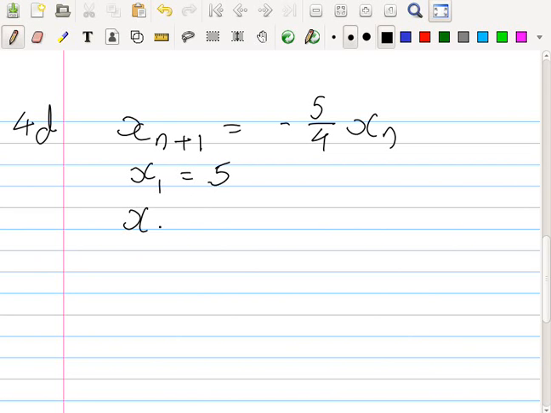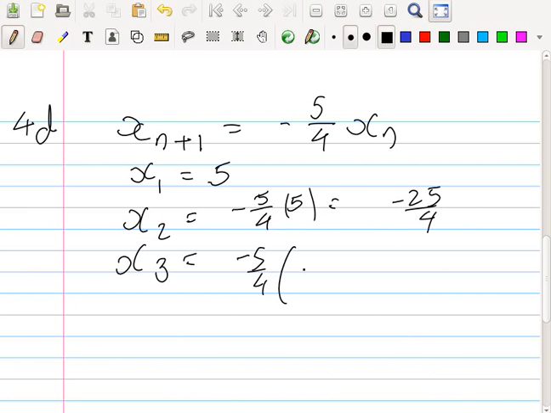So then the second term will be minus 5 over 4 times 5, which would be minus 25 over 4. I'll leave it as a fraction for the moment.